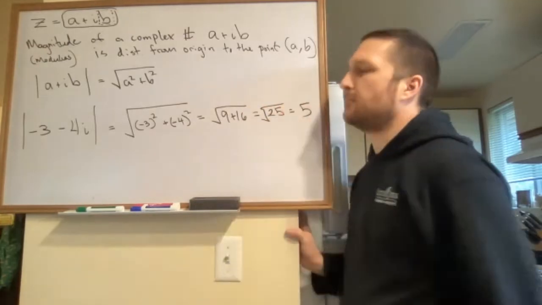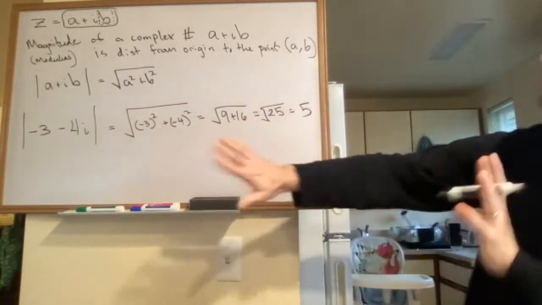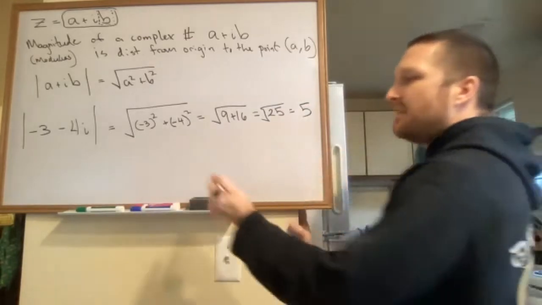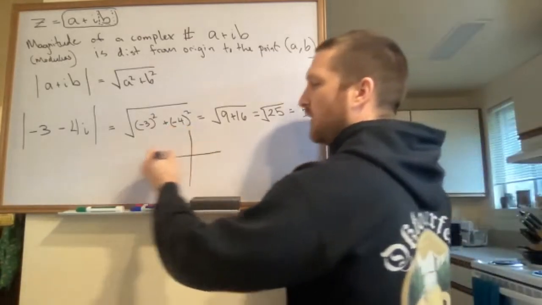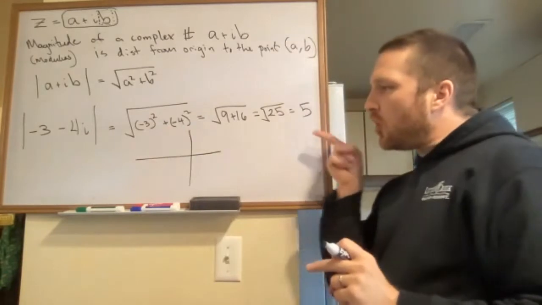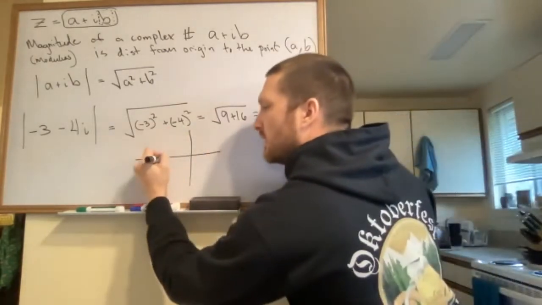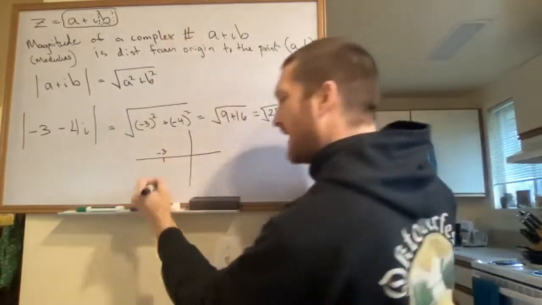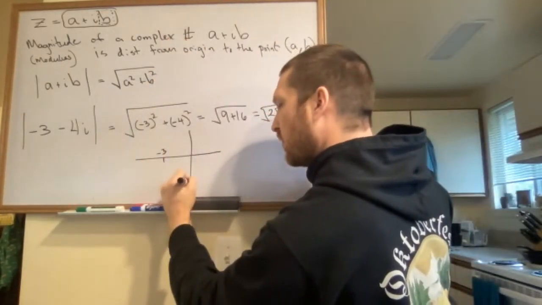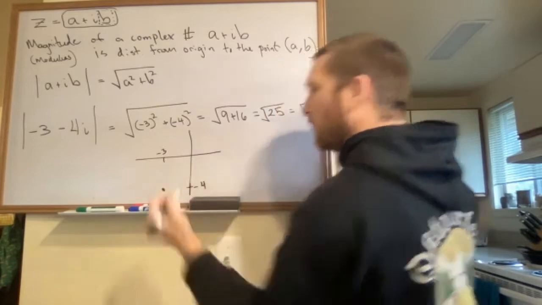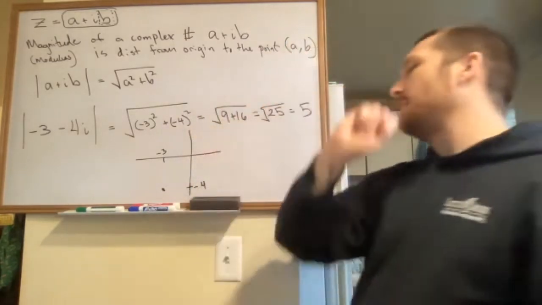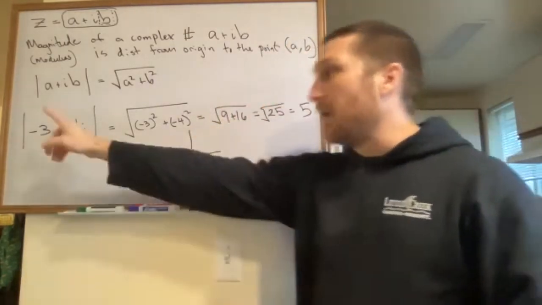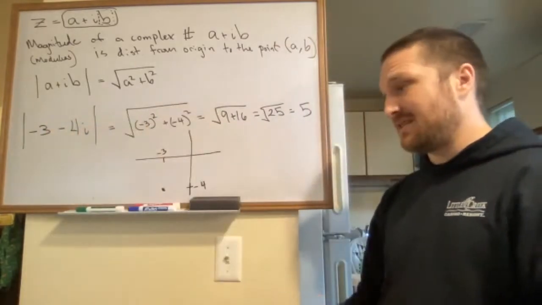Now if we think about this geometrically, we have a point on the plane. Where is that point? You go over that way 3 units, you go down that way 4 units, and you're at the point (-3, -4), or minus 3 minus 4i, which means the same thing.